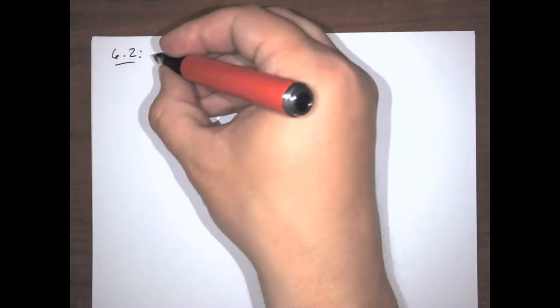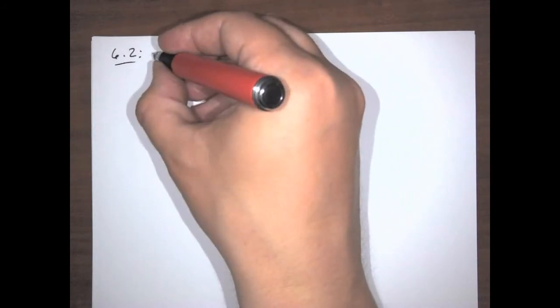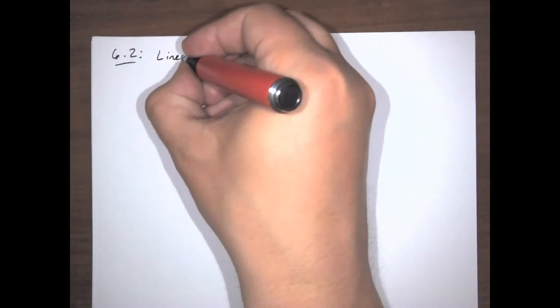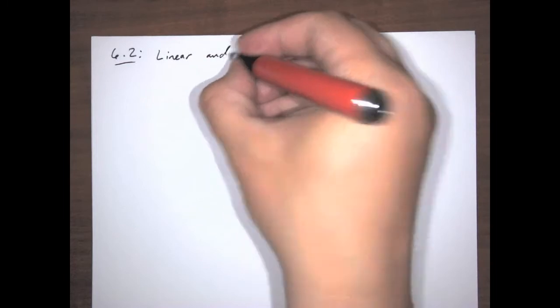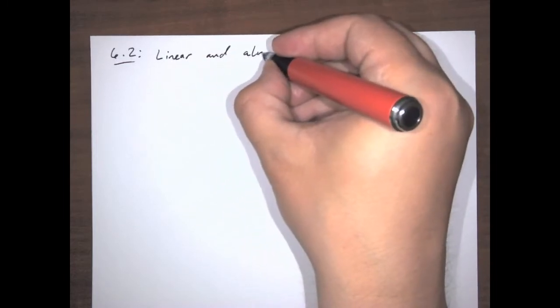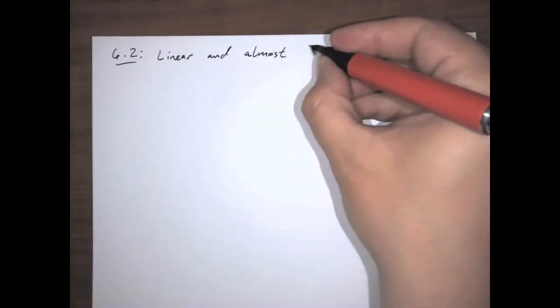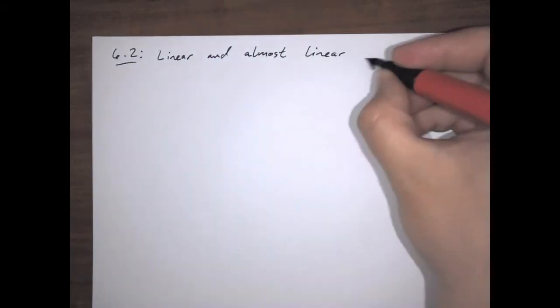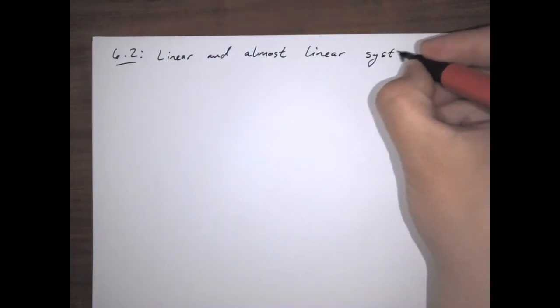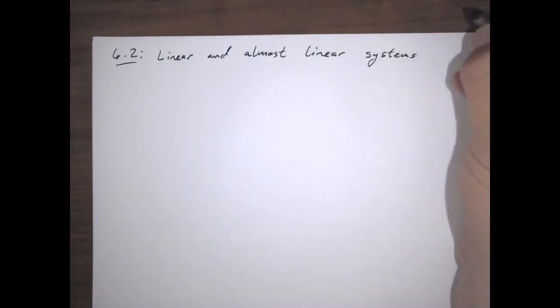So today what we're going to be talking about is section 6.2, where we will be dealing with systems that are either linear or what we will call almost linear. Linear and almost linear systems.